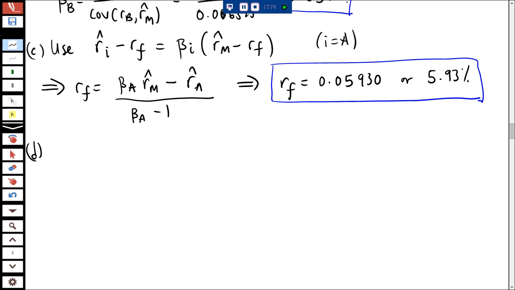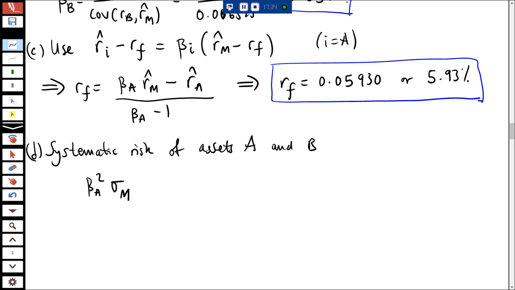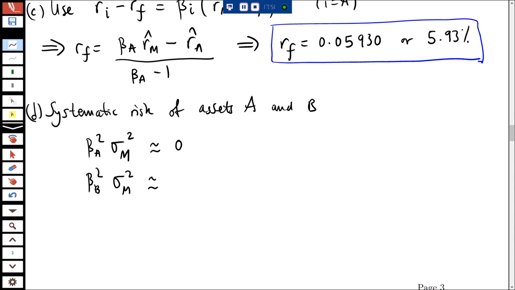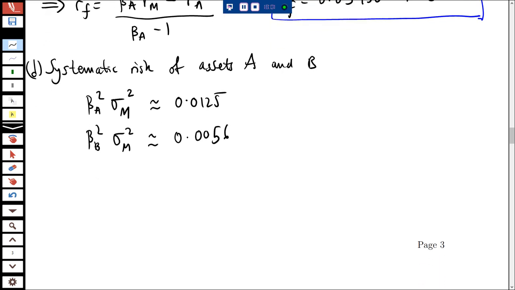So part D, the systematic risk of assets A and B. We know from the lectures the standard equation is the beta value squared multiplied by the variance of the market, which are approximately, for asset A, 0.0125, and for asset B, 0.0056. So that's the systematic risk.